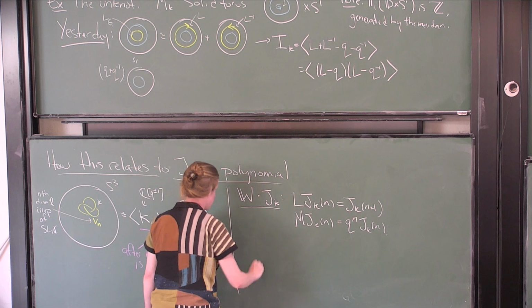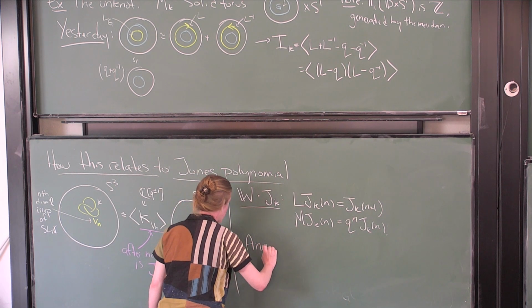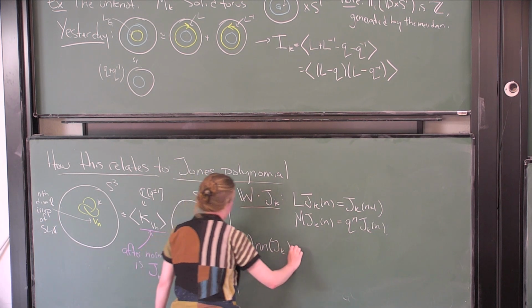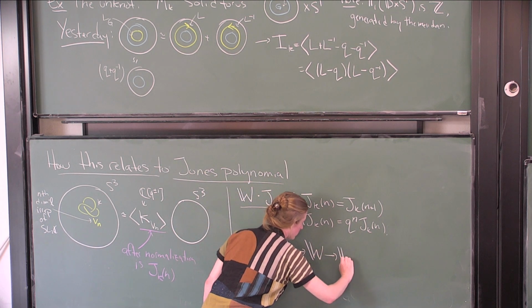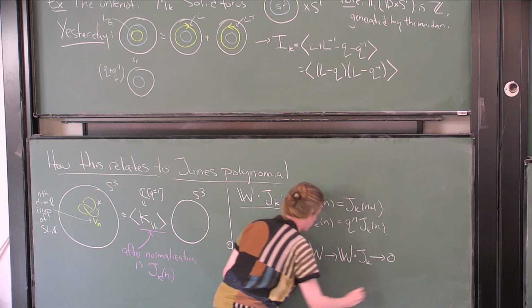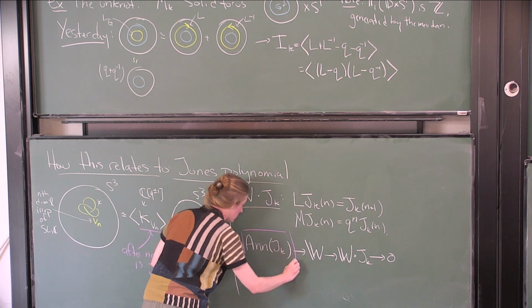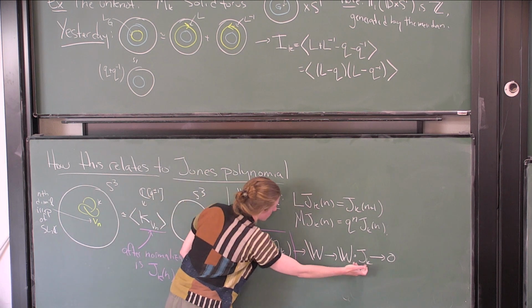And the annihilator ideal is going to be the kernel of this map. So J_K is the kernel. So here's the ideal that we care about, which is just to say anything in here when it acts on J is 0.